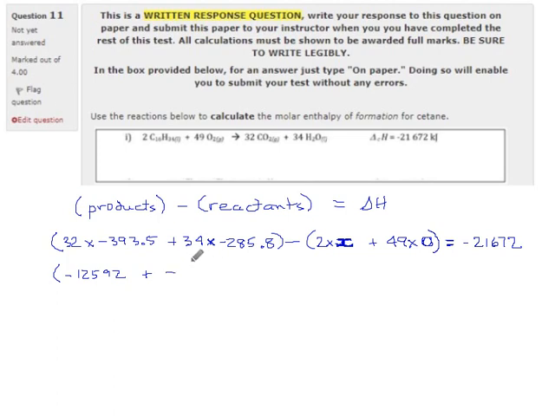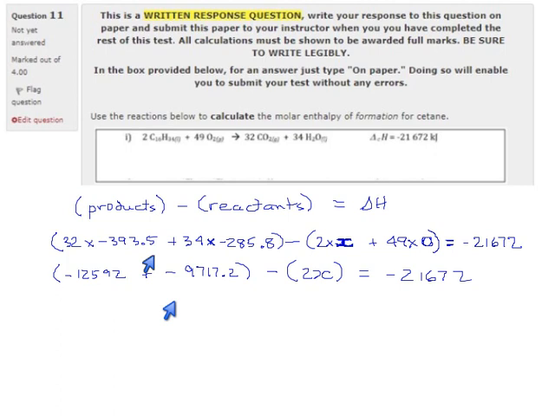This is negative 9717.2, minus, and then here we get 2x, and that's it. 49 times 0 isn't worth keeping, equals minus 21,672. We can add these together.